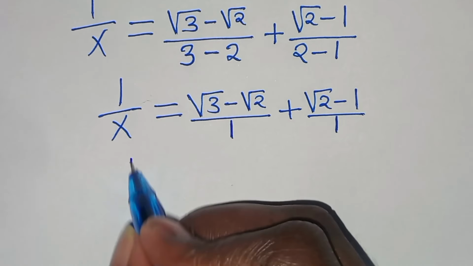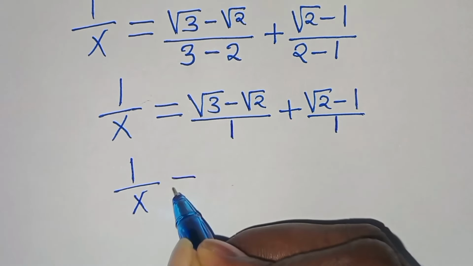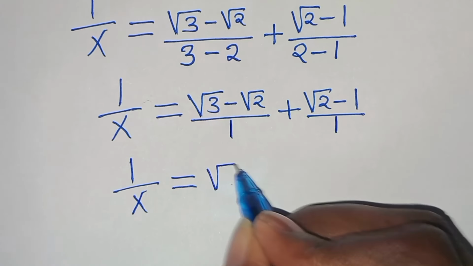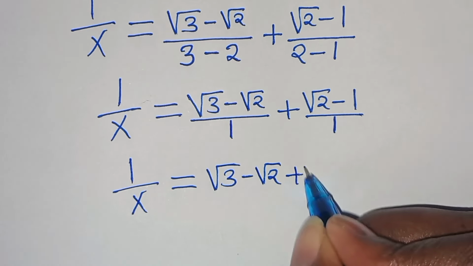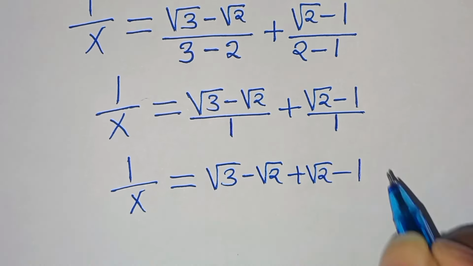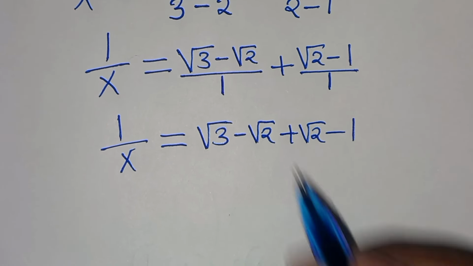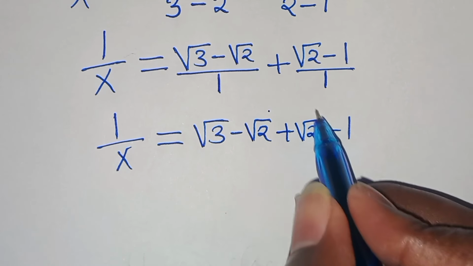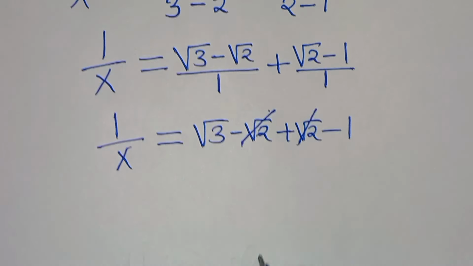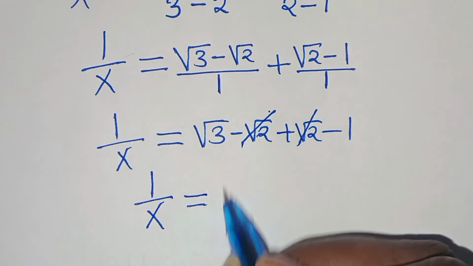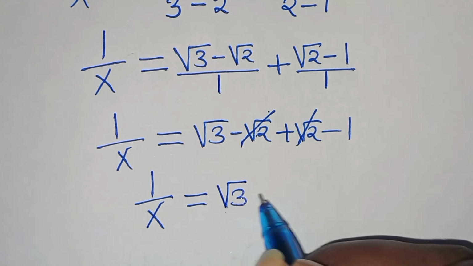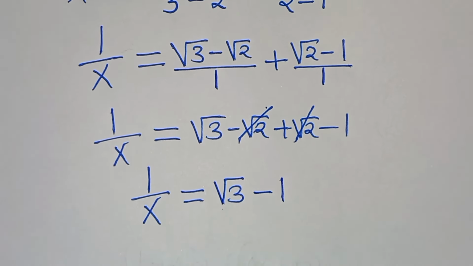And therefore, 1 over x, this is equal to square root of 3, subtract square root of 2, then plus square root of 2 minus 1. Minus square root of 2 plus square root of 2 here simplifies, so that now 1 over x, this is equal to square root of 3, subtract 1.